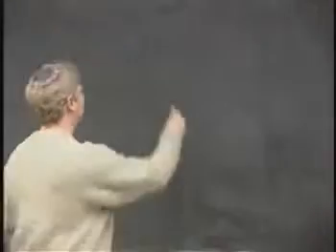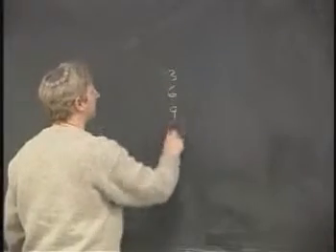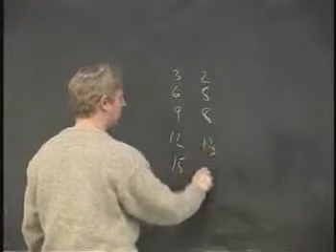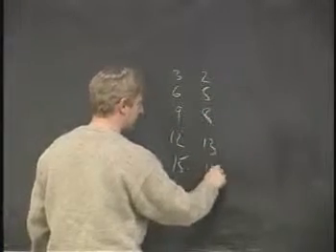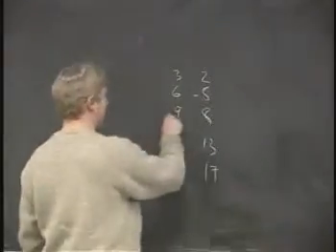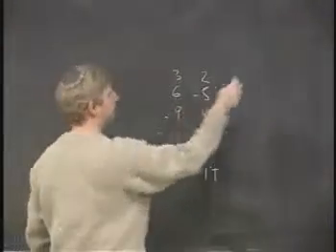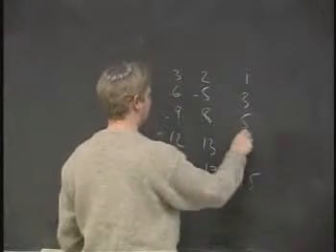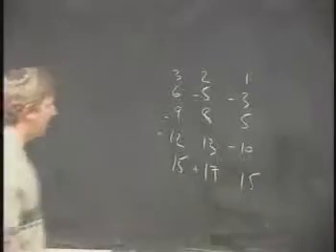So here it is. You have these 3 arrays. Let's just make them up. 3, 6, 9, 12, 15, 2, 5, 8, 13, 17, minus, minus, plus, minus, 1, 3, 5, 10, 15, minus, minus. OK.